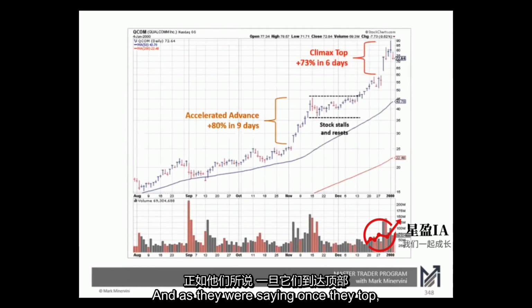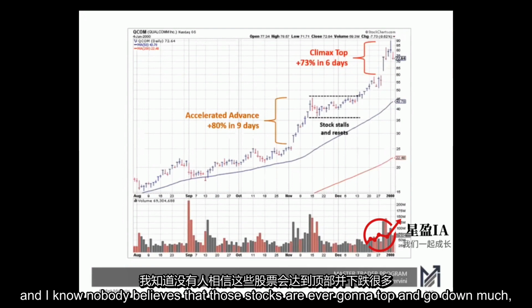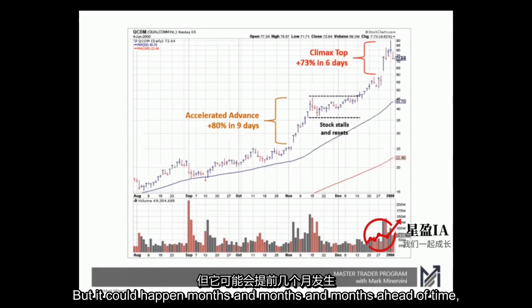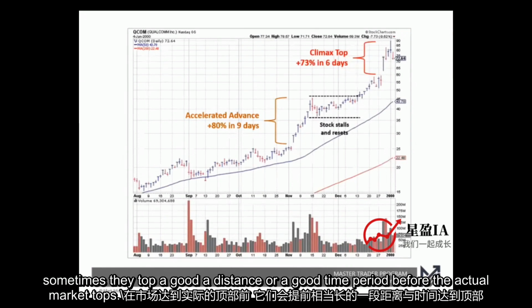And as Dave's saying, once they top, and I know nobody believes that those stocks are ever going to top and go down much, but I assure you they will. And that will probably be the end of the secular bull market. But it could happen months and months ahead of time. Sometimes they top a good time period before the actual market tops.